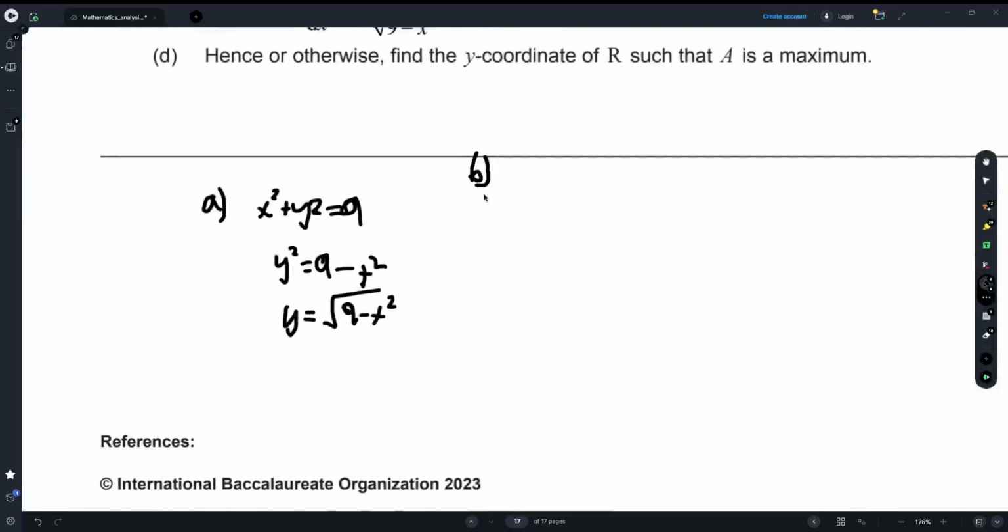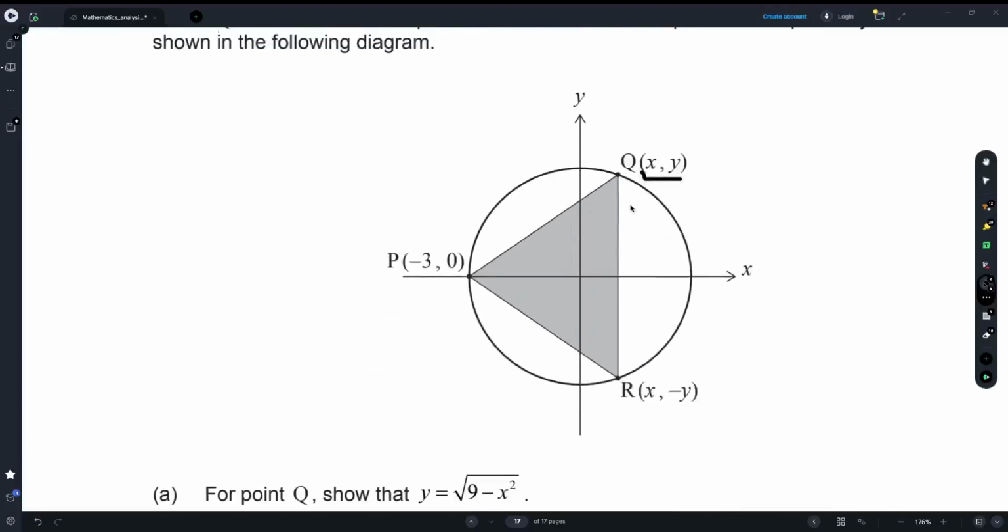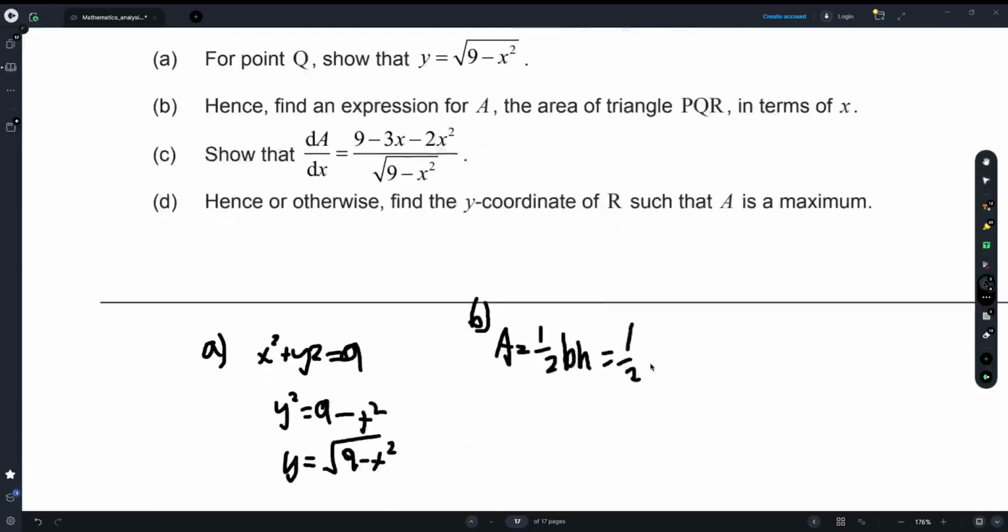So A is just going to be half base times height. And if you look here, the base is this value here, which is y, and this is also y if you take the absolute value.